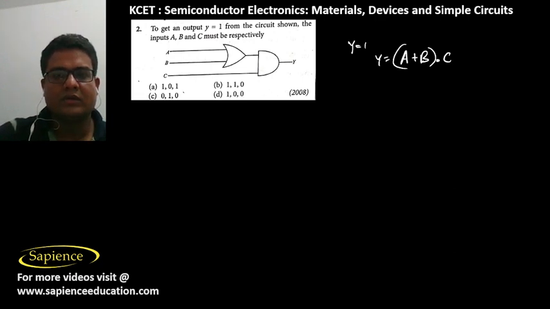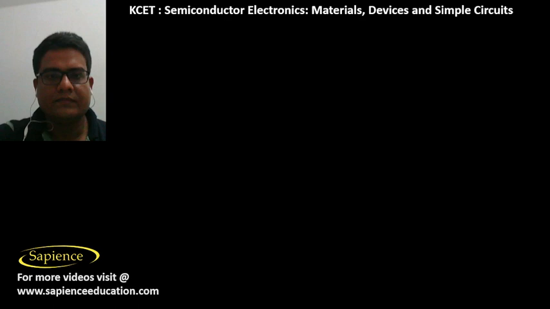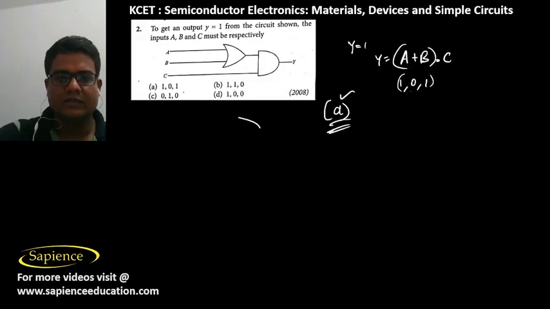So if you take A as 1 and B as 0, that is 1 OR 0 which is 1, and 1 AND 0 is 0. That means C should be 1, and A is the correct answer. This one is called the OR gate, and this is the AND gate.